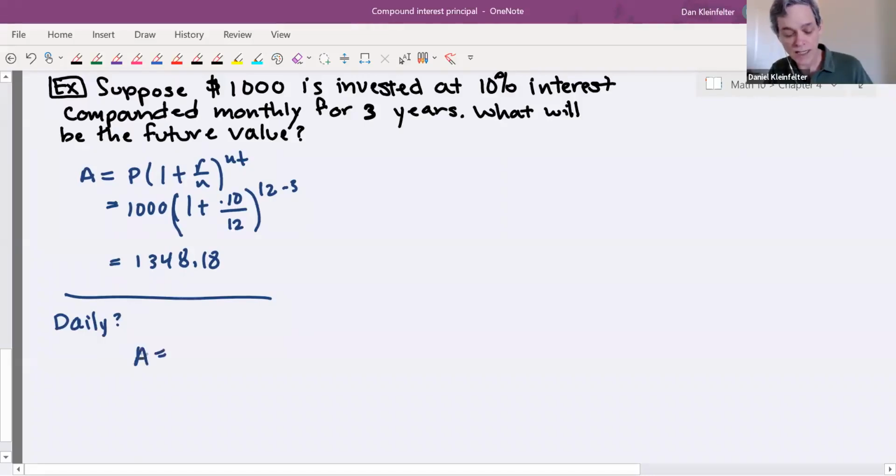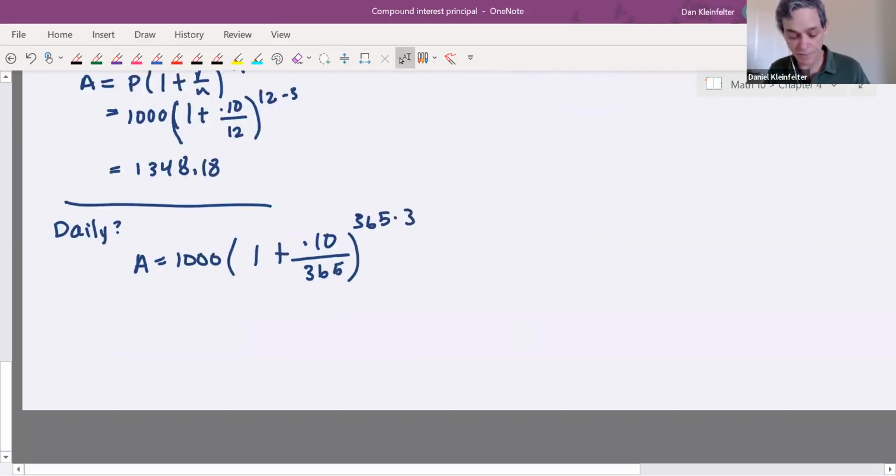So fortunately, it's a relatively small modification to the problem. It'll be 1,000, 1 plus 0.10, that's our interest rate again. Now it's divided by 365 because there's 365 days in a year. And then in the exponent, we'll have 365 times 3.